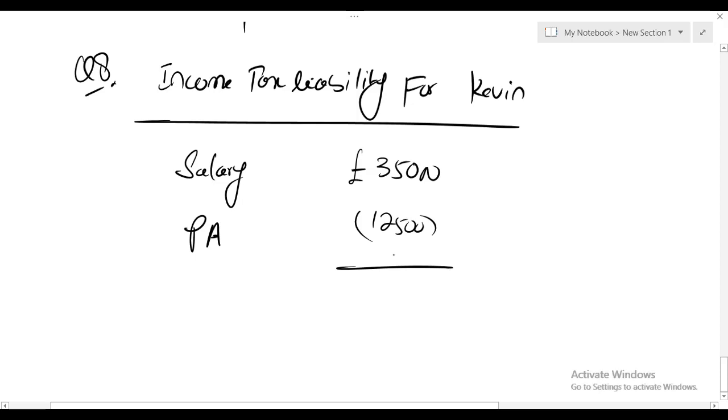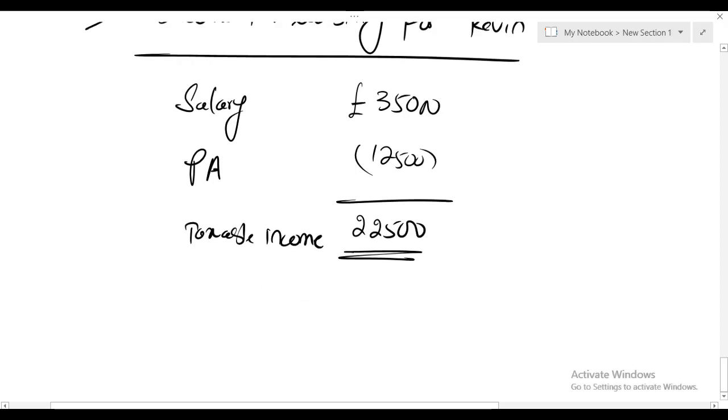Obviously, one small point comes to a student's mind: you have just told us that Jody is transferring 10% of the personal allowance to Kevin, so why have you not increased the personal allowance for Kevin? Wait for that, I'll give you the answer. The entire taxable income of Kevin obviously falls in the basic rate band. Let's calculate income tax liability.